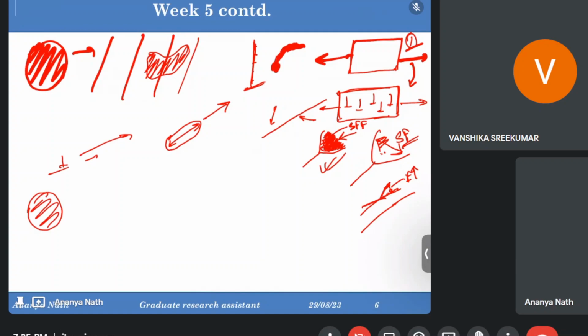Before that it was strained, but after making a bigger grain, after merging together, it becomes strain-free. Meaning there is no grain boundary between them.